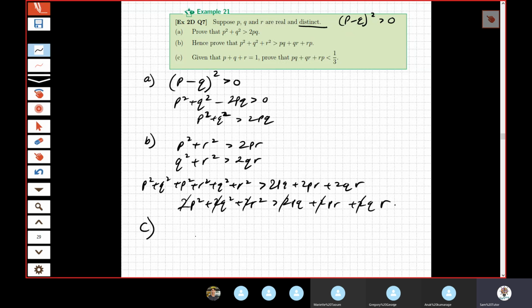How to do this one? Given that p plus q plus r is equal to 1.